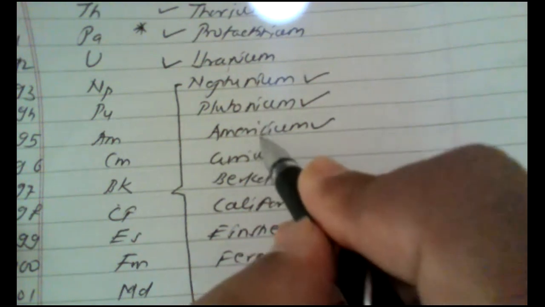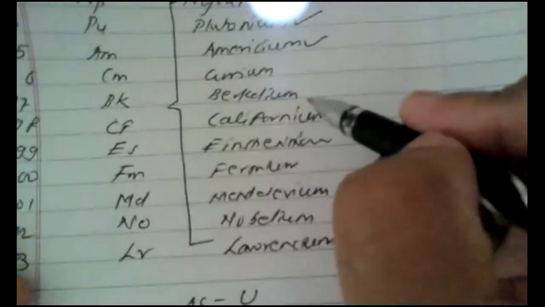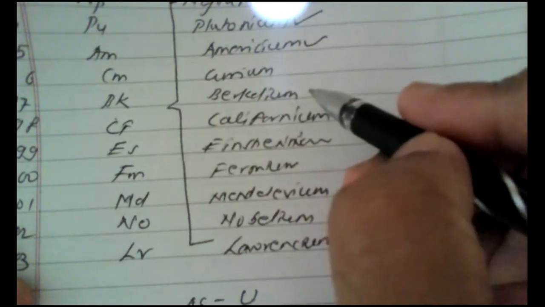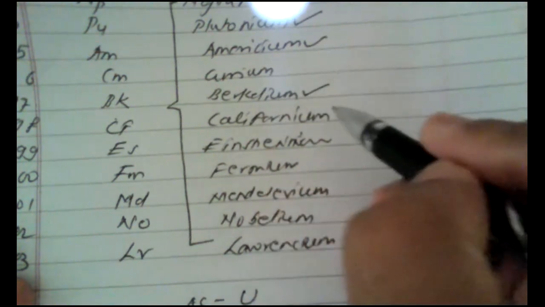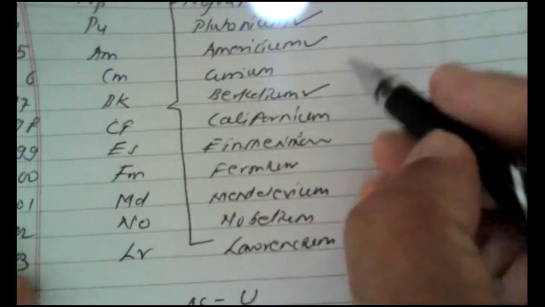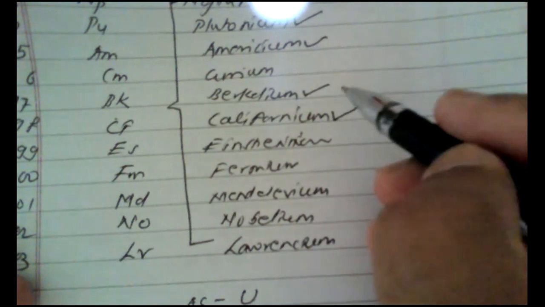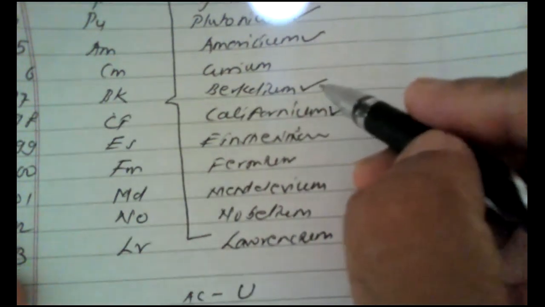So the name americium signifies that this element was invented in America. Again, one more element was discovered in the city of Berkeley, from which the name berkelium comes. Again, one more element was discovered in California, and hence the name is californium. So the names were given after the areas where they were invented.